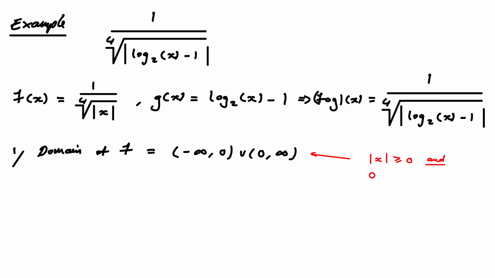So the absolute value of x, oh my goodness, the absolute value of x is equal to 0 if and only if x is equal to 0. So that's the only problem point. If I didn't have the absolute value, if it was just that, I couldn't have negatives. But I'm taking the absolute value, so that saves the day. So the only problem is at 0. Next.